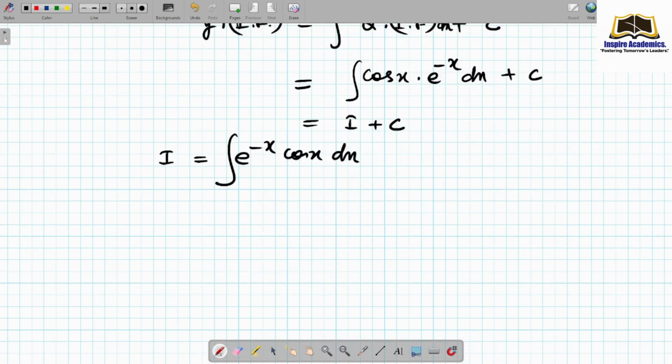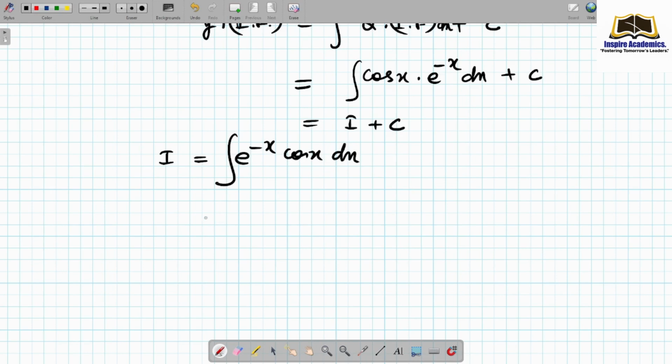Okay, use integration by parts, and then use ILATE to choose which is your first function and which is your second function.